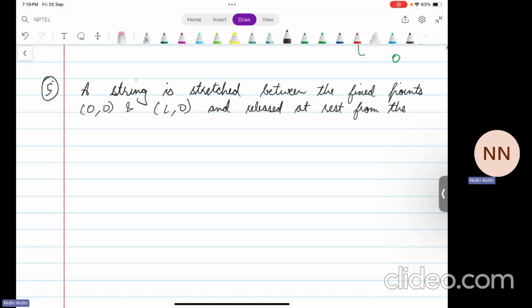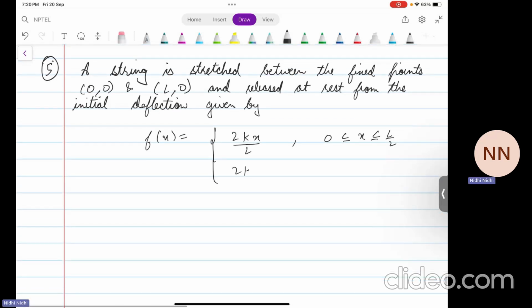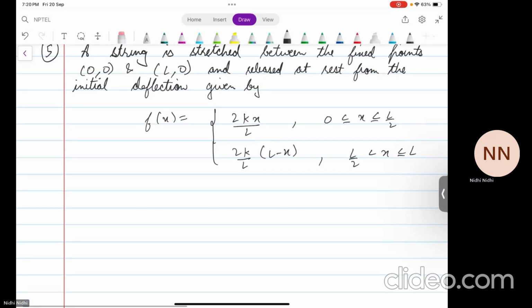We'll see from the initial deflection given by f(x) is equal to 2kx/L for all 0 less than x less than L/2, and (2k/L)(L minus x) for L/2 less than x less than or equal to L. Find the deflection of the string at any time t.